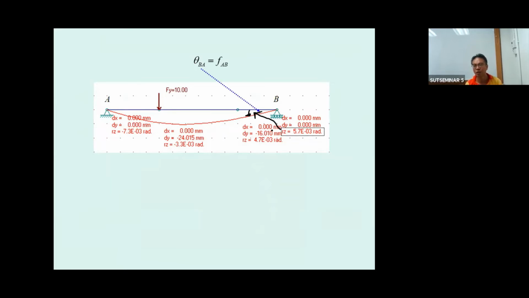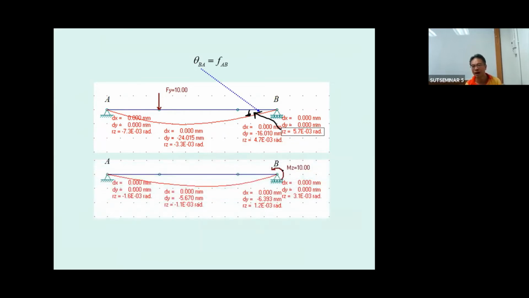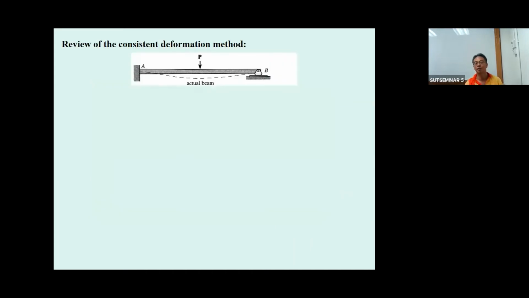Then you put the moment over here, 10 by 10, equal force and equal moment. You get the deflection over here, it's going to be this value, and they are equal. Okay, all proof. That is the new knowledge that's required for us to determine the equation for the influence line for the statically indeterminate beam.